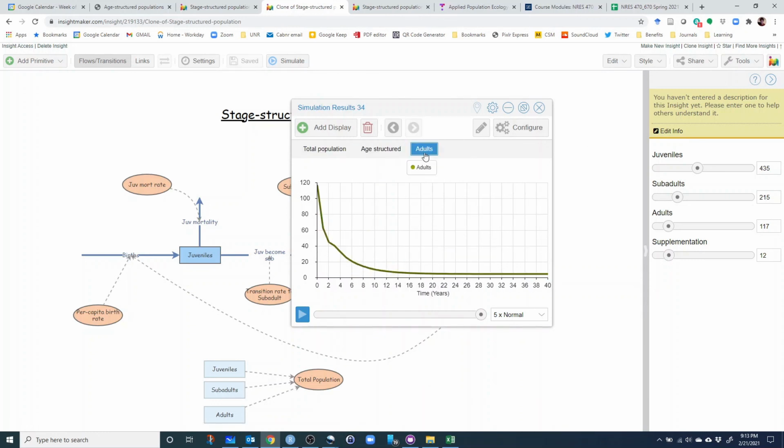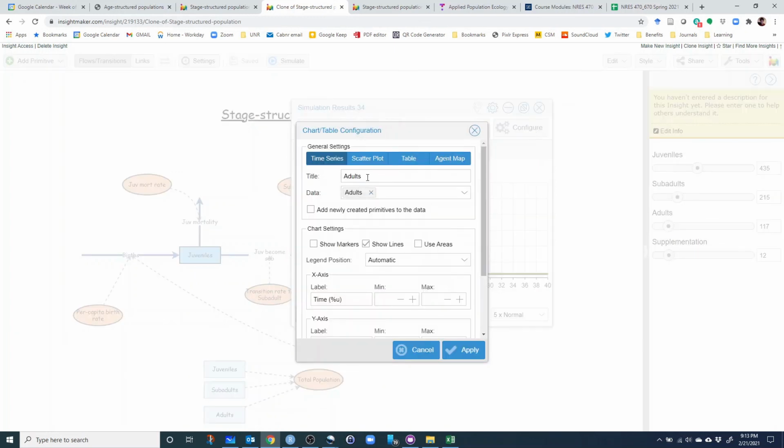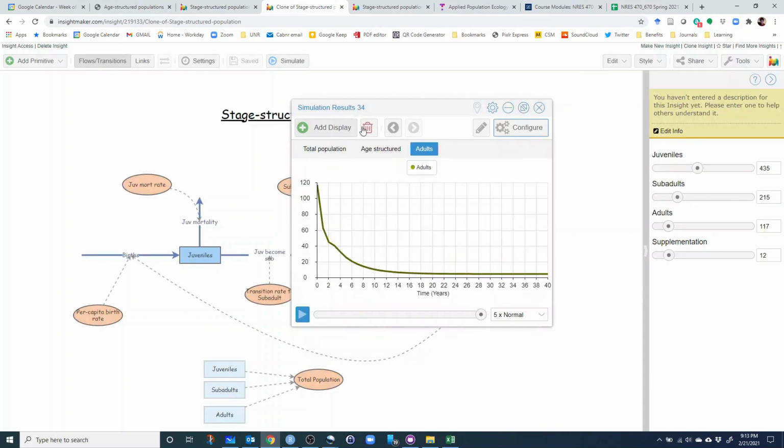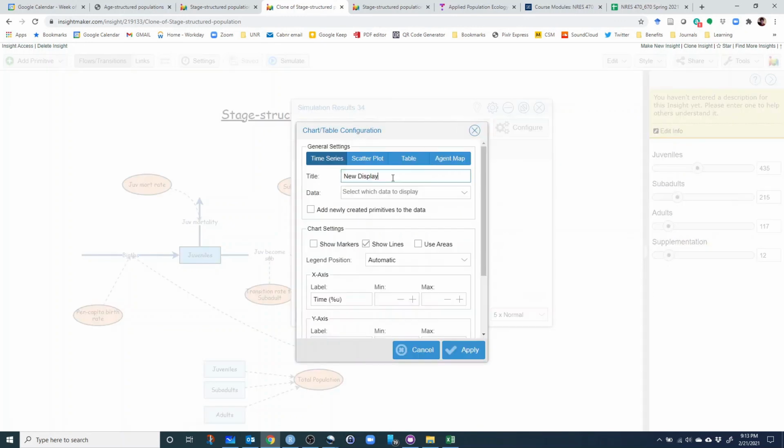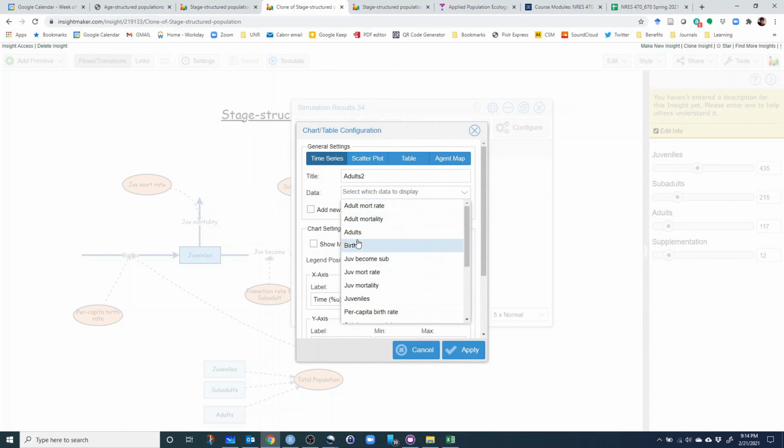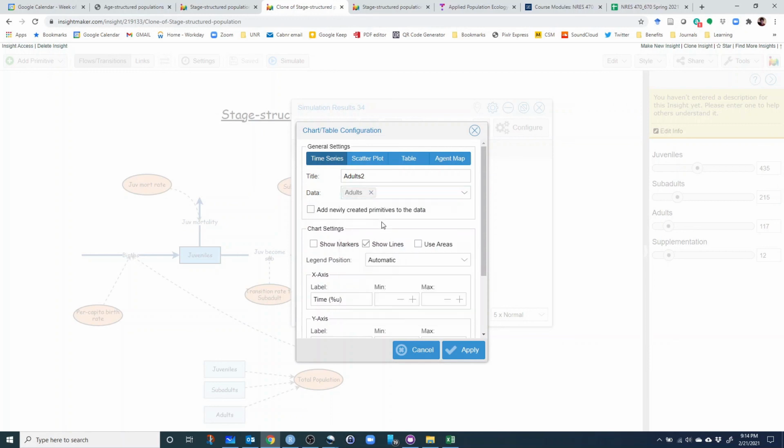And we conveniently have a plot for adults. If you wanted to make that yourself, here I can add a new plot, and I'll call it adults 2, and I'll just make sure I'm visualizing the total number of adults.